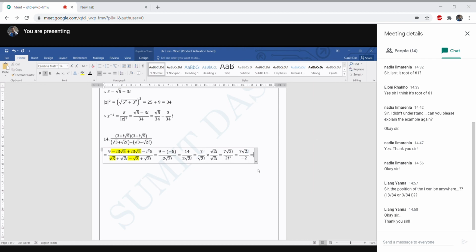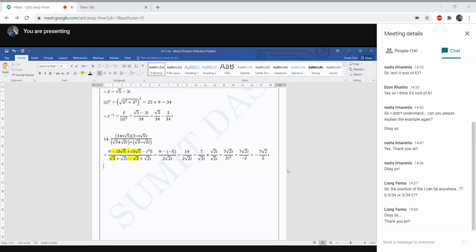Ultimately this will be minus 7 by 3 root 3 i.